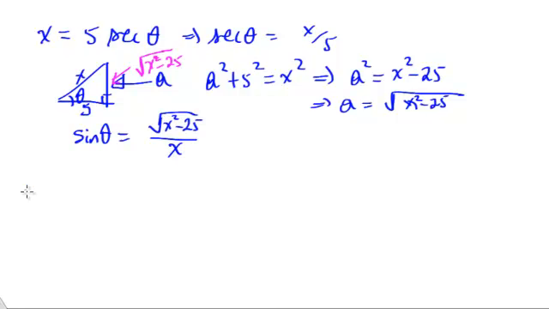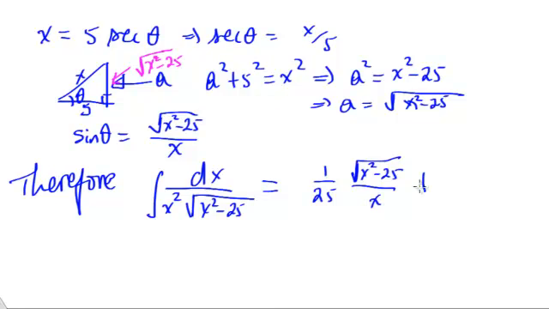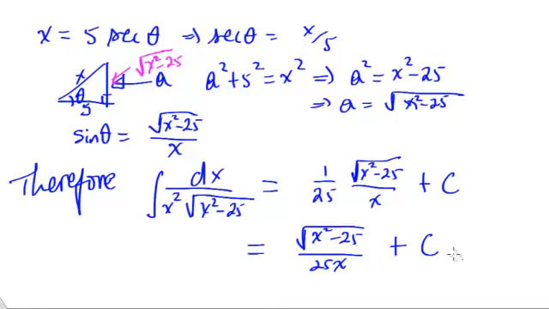Therefore the integral of dx over x squared times the square root of x squared minus 25 now becomes 1 over 25 times the square root of x squared minus 25 over x plus c, or you can rewrite it as x squared minus 25 over 25x plus c, and that's the integral.